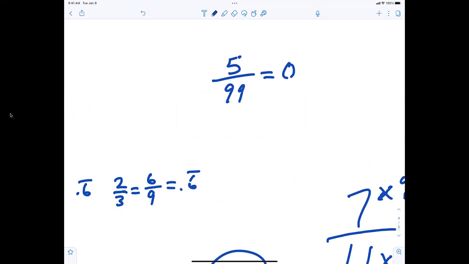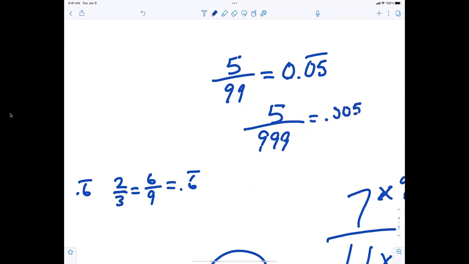Tell them. 0.05. Yes. 0.05 repeating, right? Just like if I said 5 over 999. What is it? It's 0.005 repeating. Isn't that nice, right?